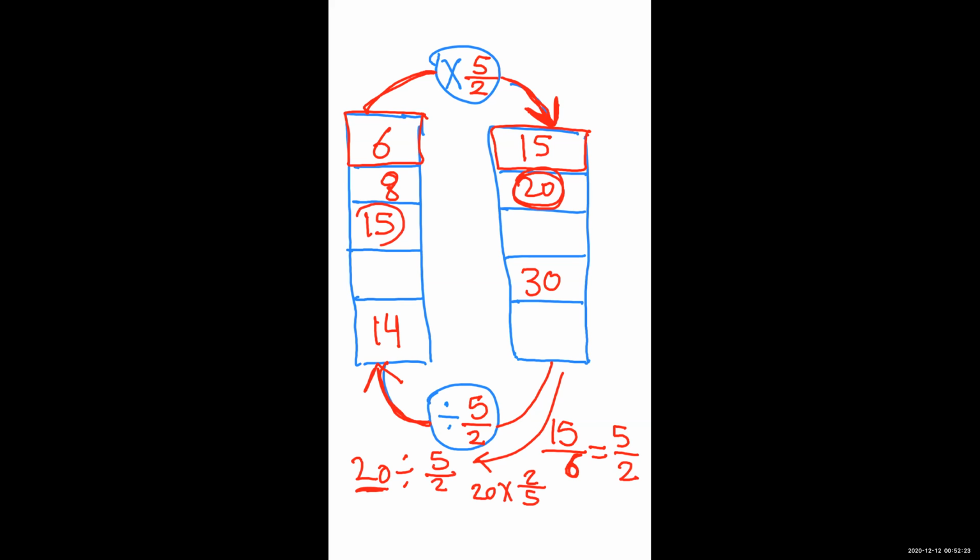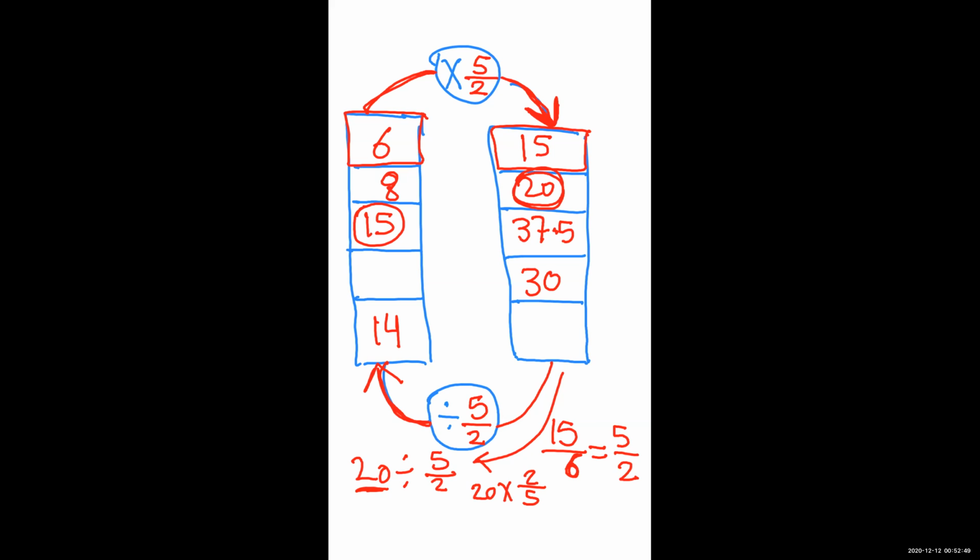Here, 15 multiplied by 5 over 2. So 15 multiplied by 5 means 75 over 2 means 37.5, I guess. Check it using the calculator. 15 times 5 over 2. Okay.